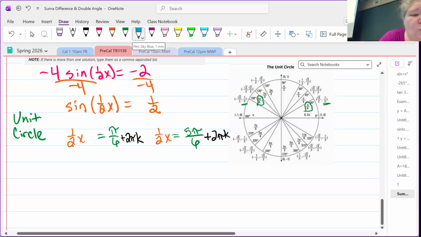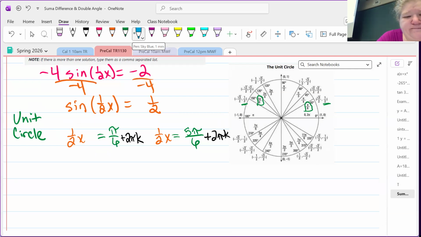Now, to get rid of the 1/2 with the x, what do we do? So how is that 1/2 attached to the x? Is it being added, subtracted, multiplied, or divided?